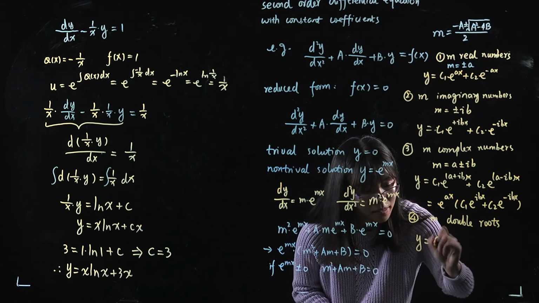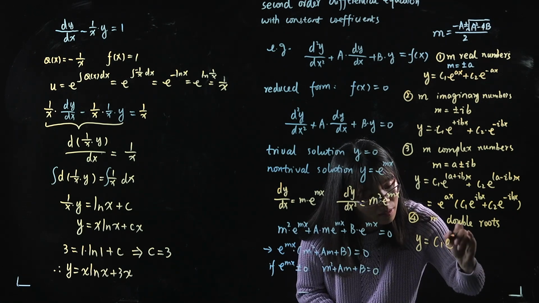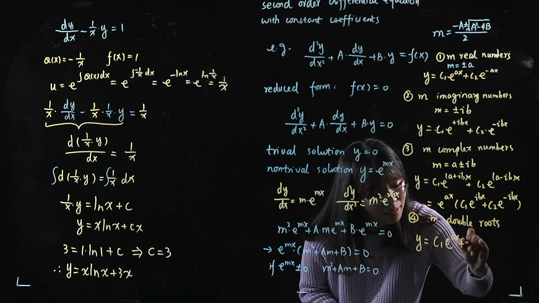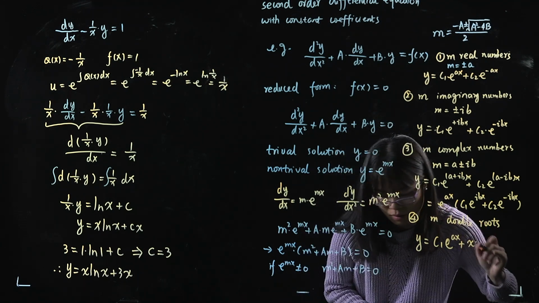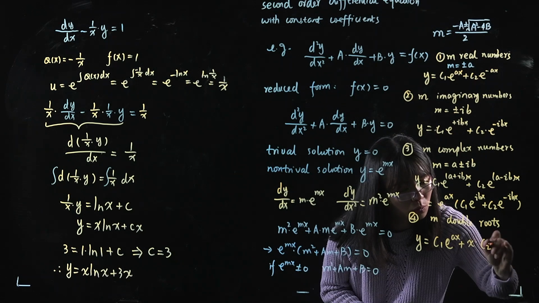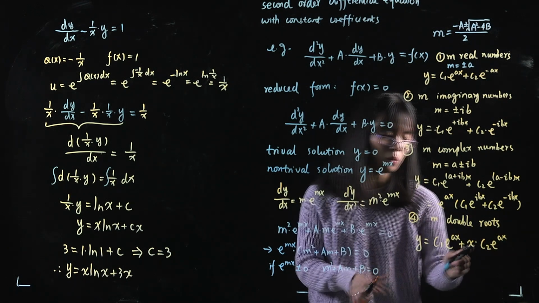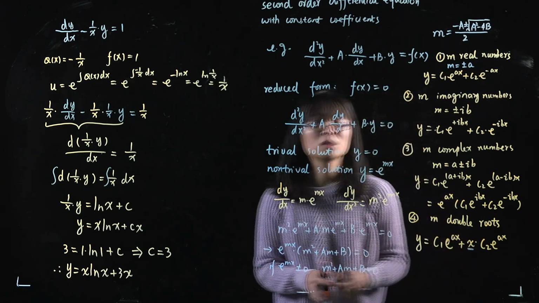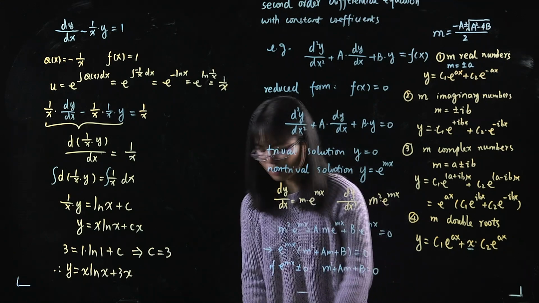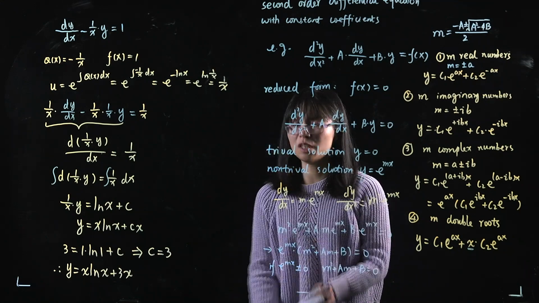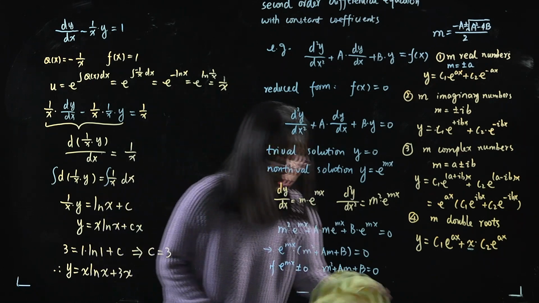We get c1 times e^(ax) plus x times c2 e^(ax). So the format of the solution is slightly different compared to the previous three scenarios. Okay, so before we finish today's lecture, let's do one more example to review this part.